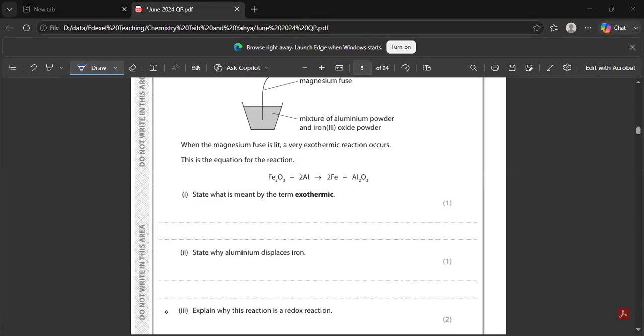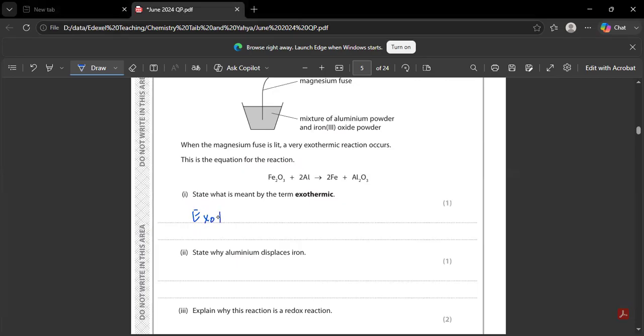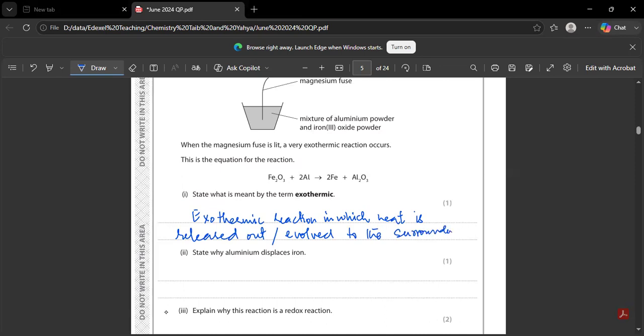So an exothermic reaction is a reaction in which heat is released or evolved to the surroundings, right?